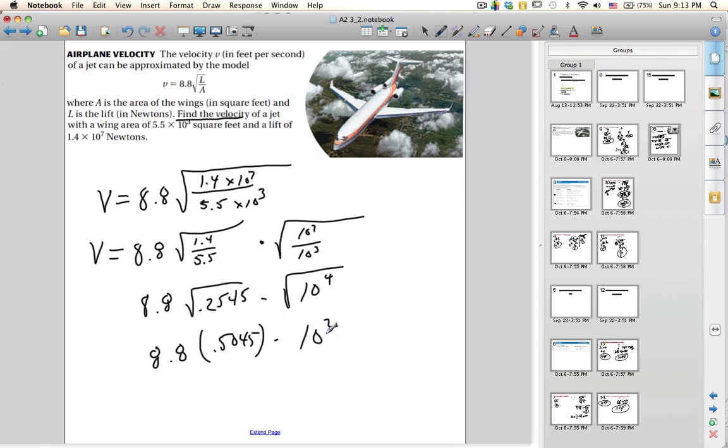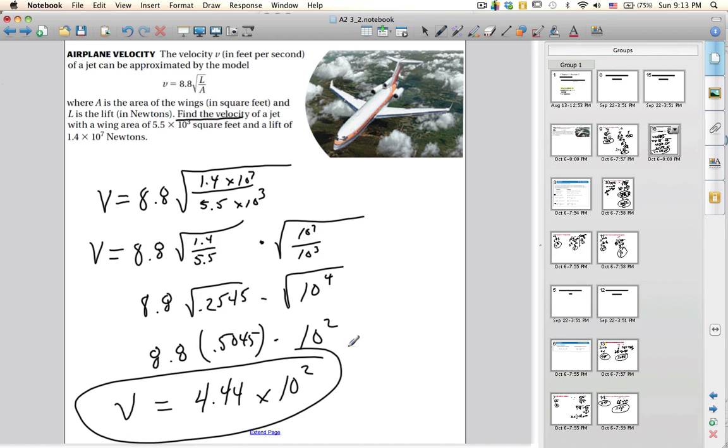I used a calculator to do that, times 10 squared. And then when I multiply this times 8.8, I'm going to get 4.44. And then I'm going to leave this in scientific notation, times 10 squared. This is what my velocity is equal to. Okay, so we had a little review of scientific notation, properties of radicals, and that wraps up 3.2.